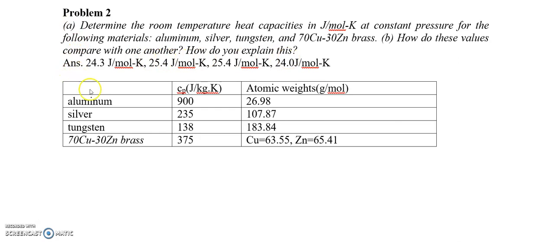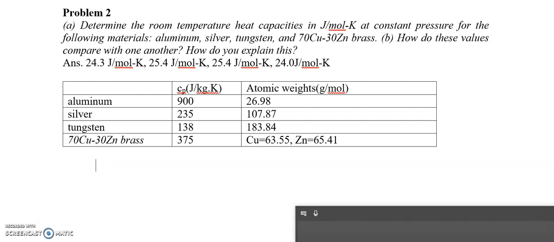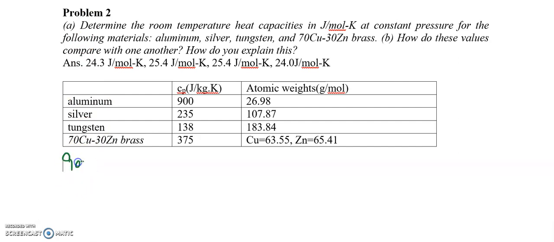So for aluminium, for example, the specific heat value is 900 joules per kilogram Kelvin.